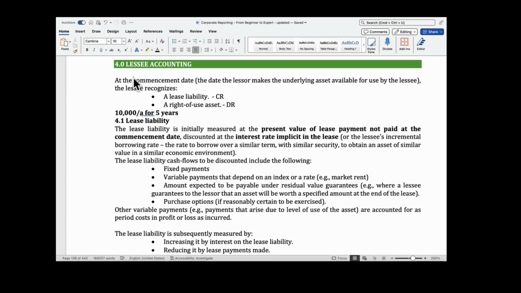Let's even look at it on the surface. You owe 50,000 as far as accounting is concerned, because a liability is a present obligation that you have no practical ability to avoid. Since you have collected the asset from the owner and you have signed a contract that you'll be paying 10,000 per annum for 5 years, right from day one, you owe 50,000.